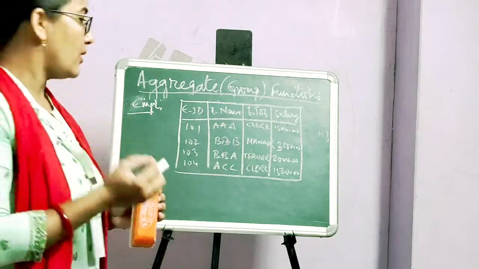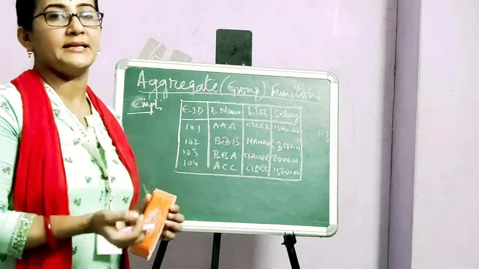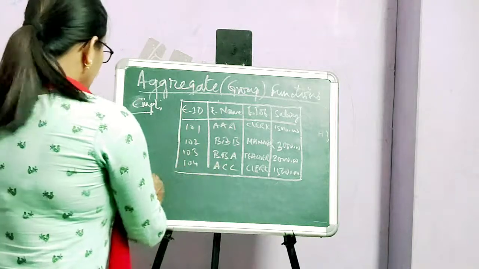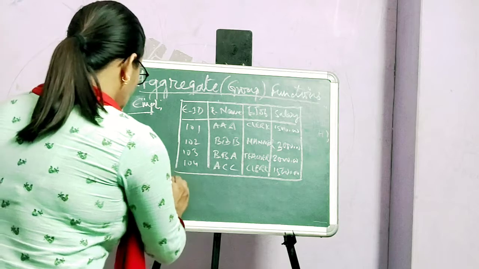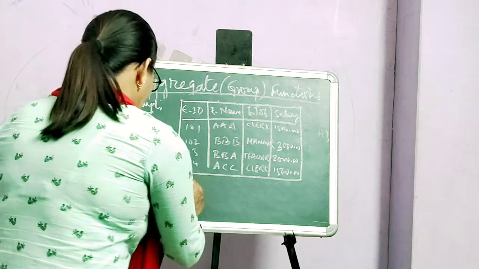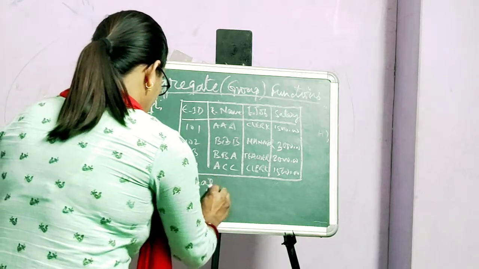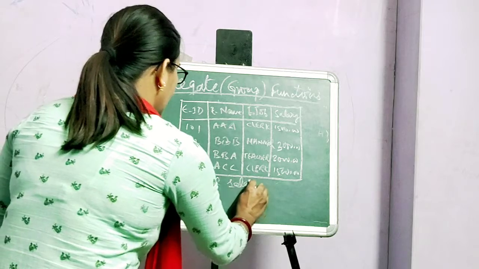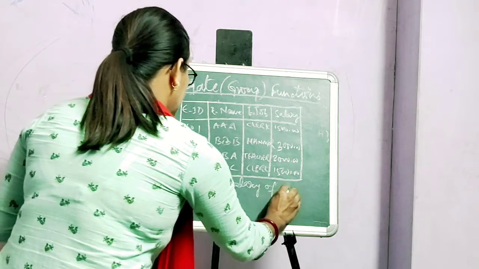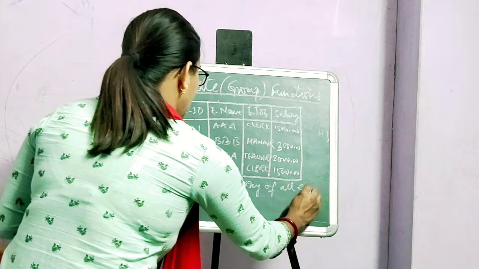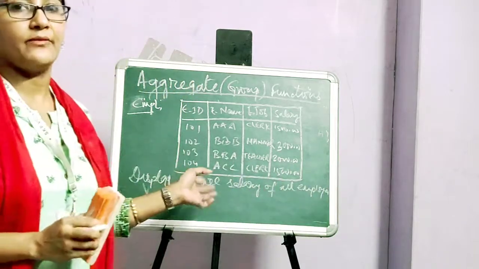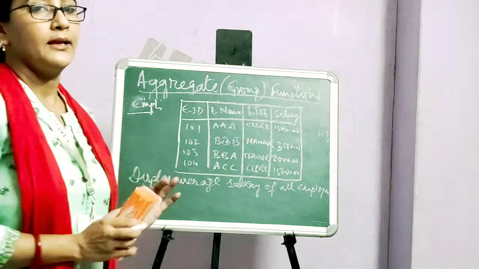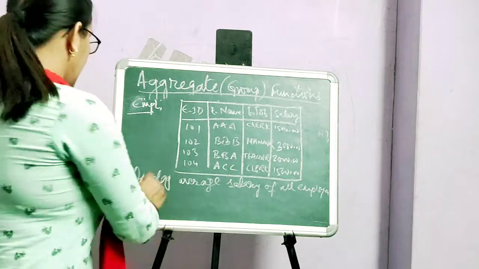Now first of all I am giving an example for average. The question is: display average salary of all employees. How will you write this?